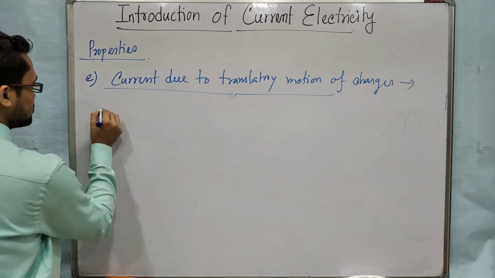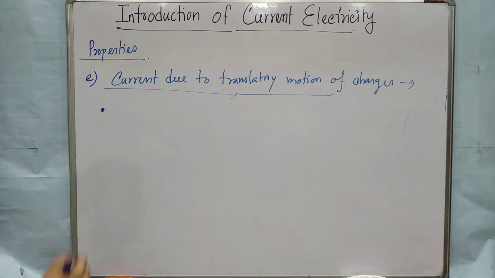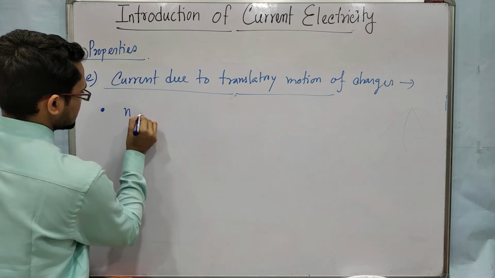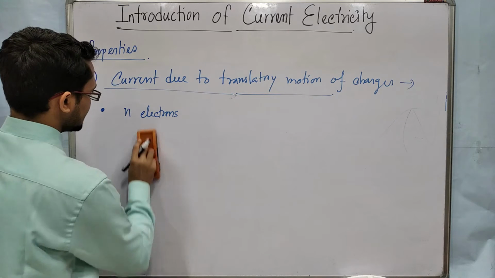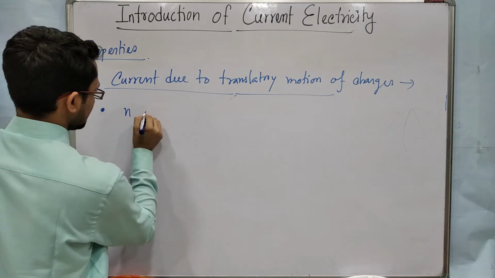Suppose I am taking two conditions. First condition: suppose there are n electrons, or n charges.